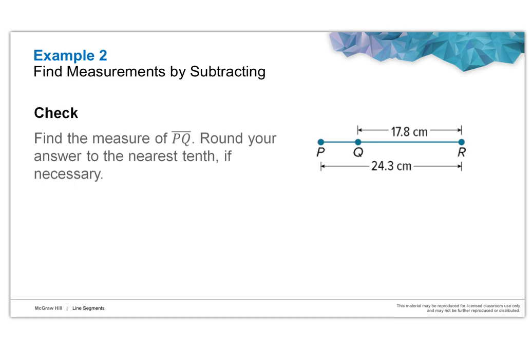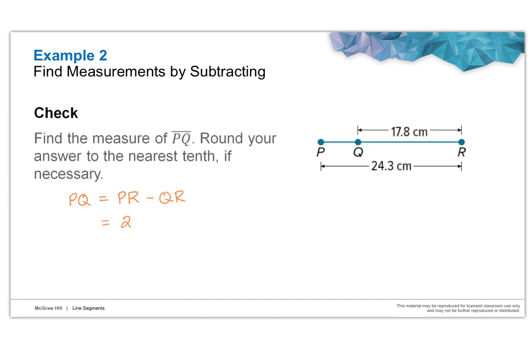Over on page 20, we're using our concept of betweenness to again find missing measurements, this time by subtracting. Writing your betweenness equation here, you would say that PQ, the unknown, would be found by taking PR, the full length, and subtracting QR.